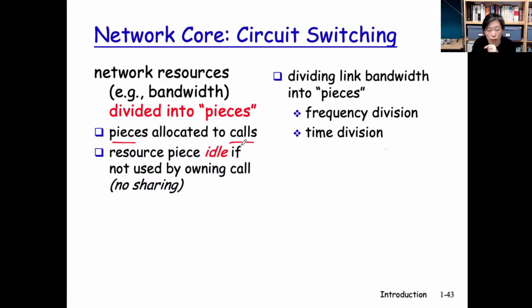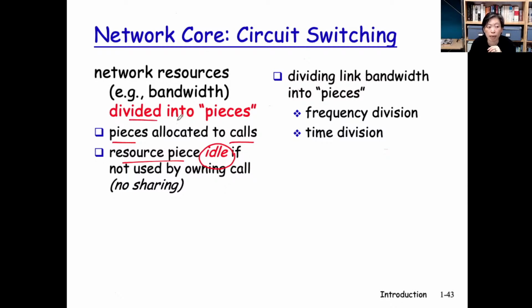But once you do that, if there is no data being sent between the two ends, that piece of resource will then be idle. If you think about it, in a way, it's a waste of resource. If the two of them ask for resource and a call is established, but they're sitting doing nothing, that is not very good utilization of resource. So this is the second disadvantage of circuit switching.